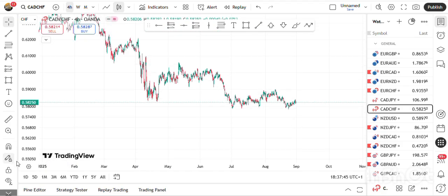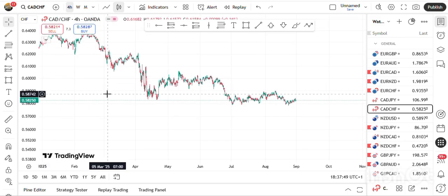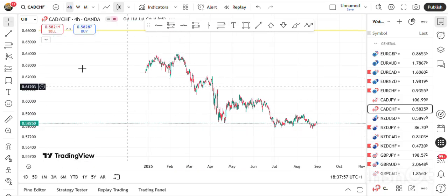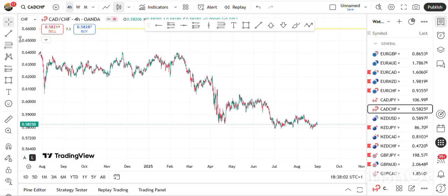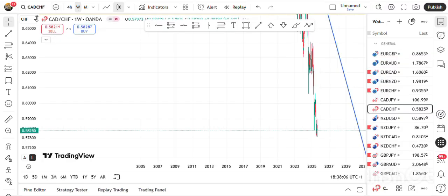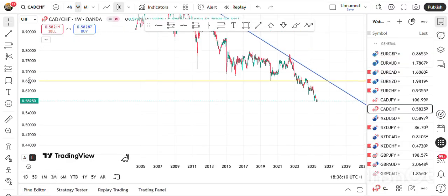Do we have a trade? I think this is a very beautiful trend movement. Okay, so CAD CHF, we don't have a trade as well.